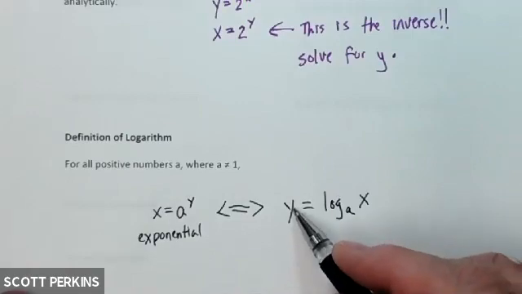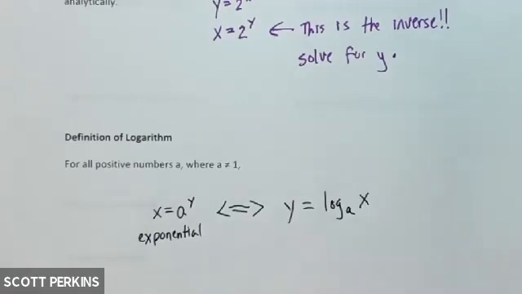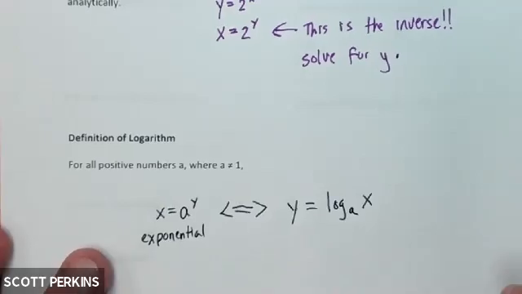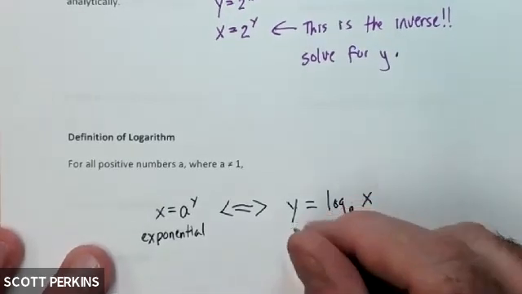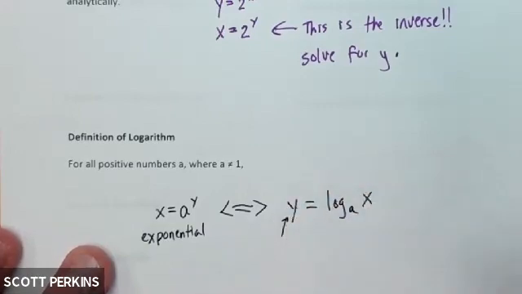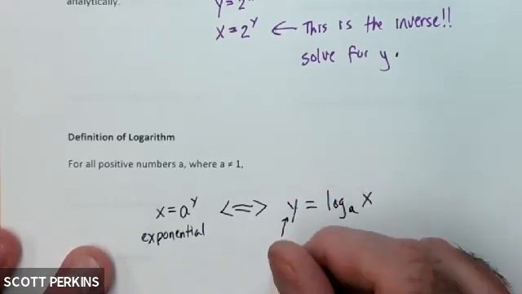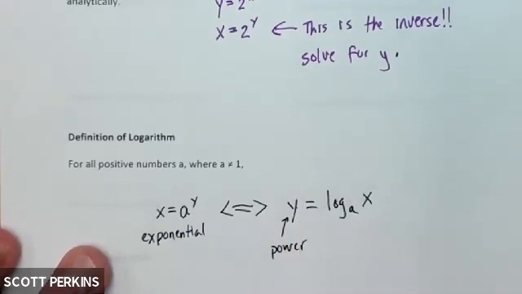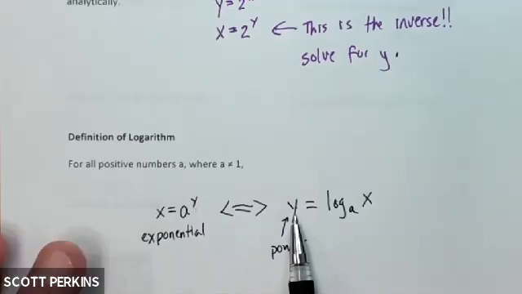The one thing I want you to note here, because when I first learned this long ago, I understood this is wild and weird stuff, is the way I remember it. What the logarithm is equal to is the power of the exponential. Notice the y was in the power. When I write the logarithm, I take the power and it becomes the full left-hand side. It is the y value.